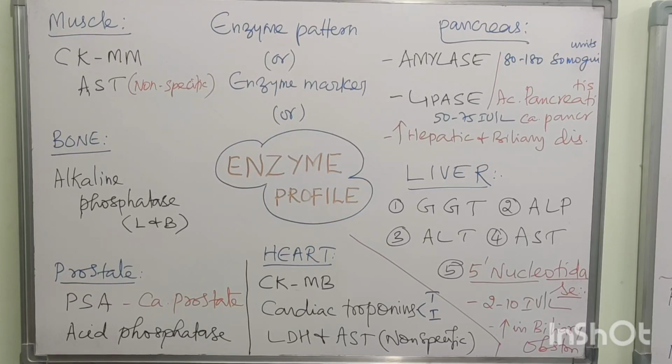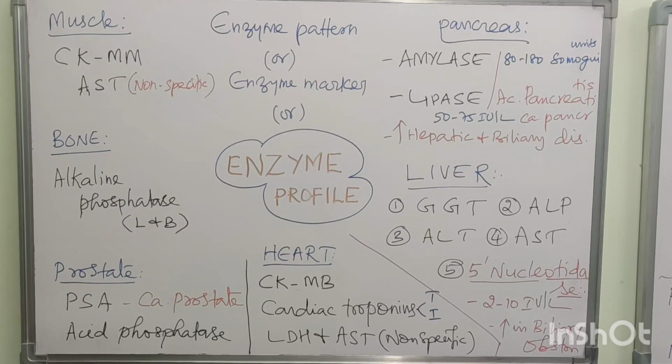It is increased in bone and liver diseases. The liver disease examples are cirrhosis, hepatocellular carcinoma, obstructive jaundice, gallstones, CA head of pancreas. And also in bone diseases, Paget's disease, osteosarcoma, like that, bone disorders also the alkaline phosphatase level will be increased.